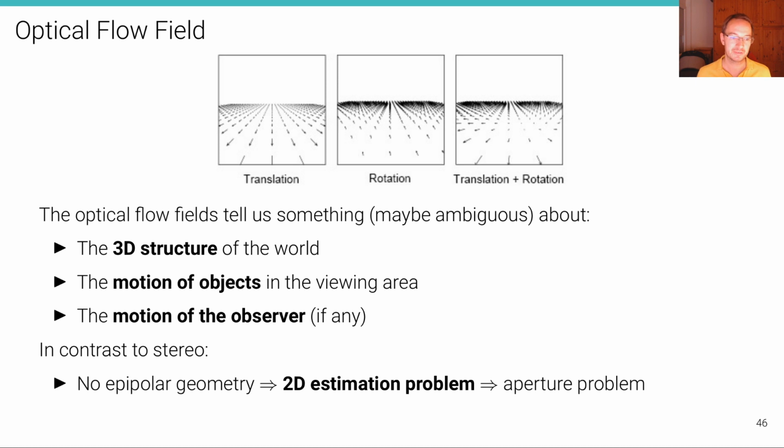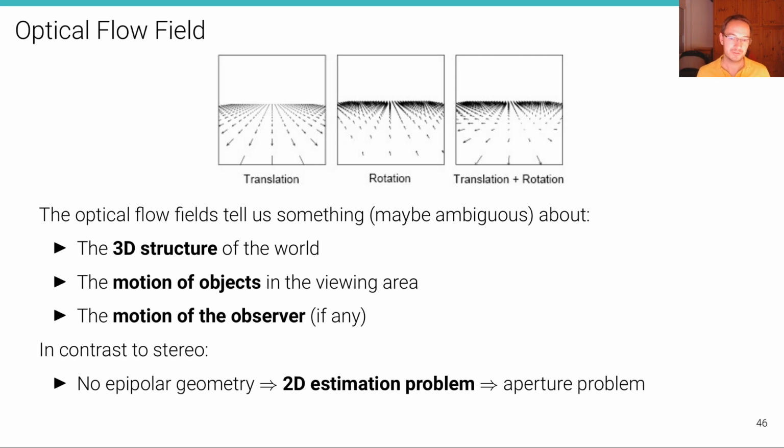In contrast to stereo, we can't utilize epipolar geometry constraints and therefore deal with a much harder 2D estimation problem. For every point in the reference image, we need to estimate a full 2D motion vector.